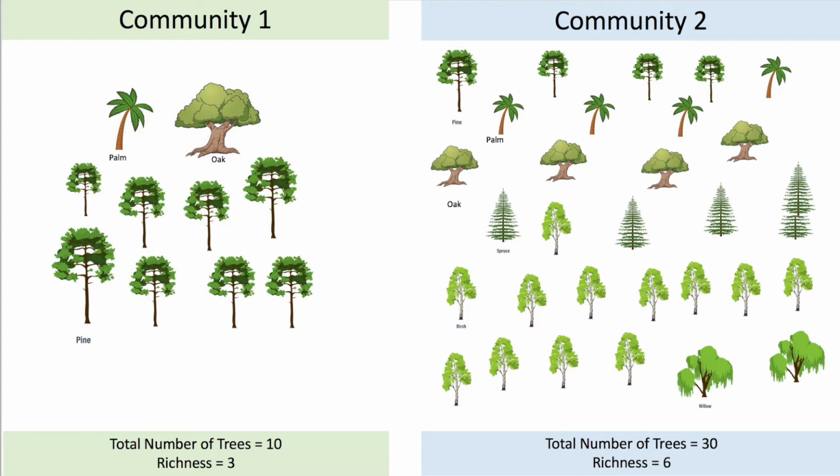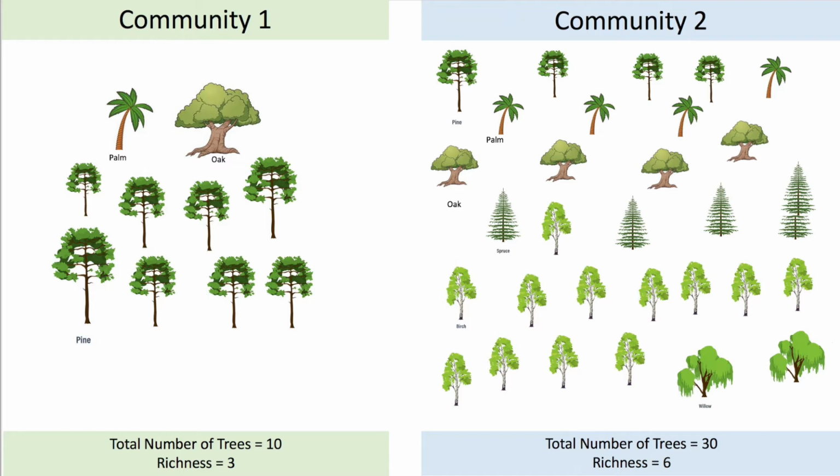So if we were going to compare the diversity of community number 1 and community number 2, and when we're talking about diversity, we're talking about the richness, the type of unique trees that we have between these 2 communities.